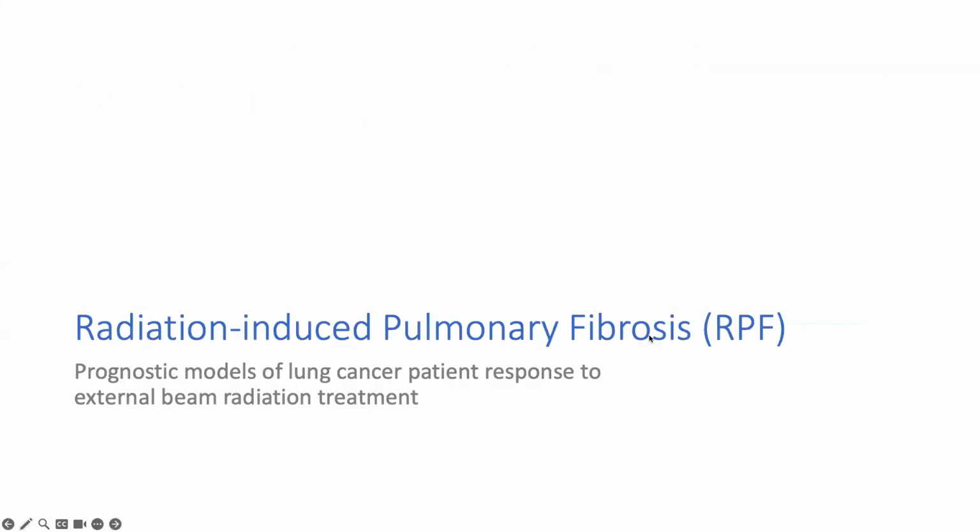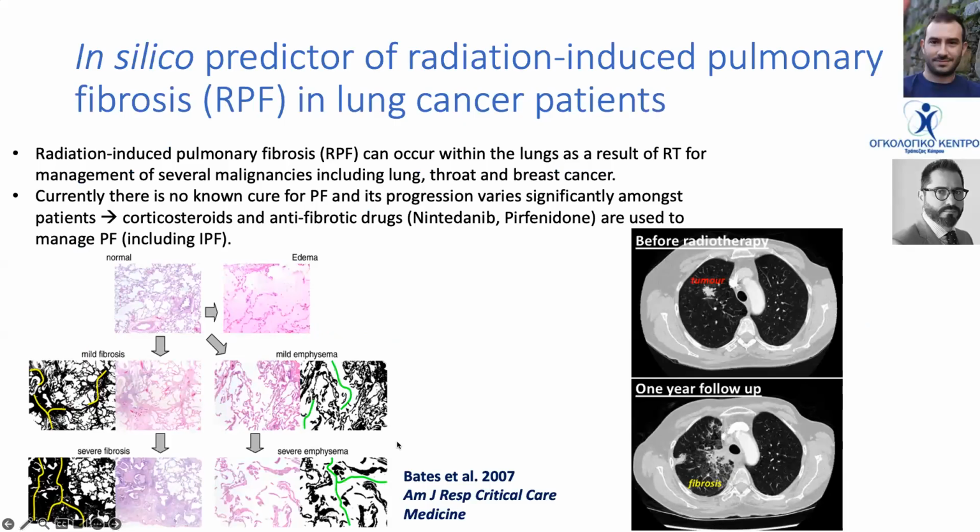Another example, which was part of the University of Cyprus internal funding, was simulating radiation-induced pulmonary fibrosis. Very briefly, pulmonary fibrosis is a side effect of the immune system in the lung.